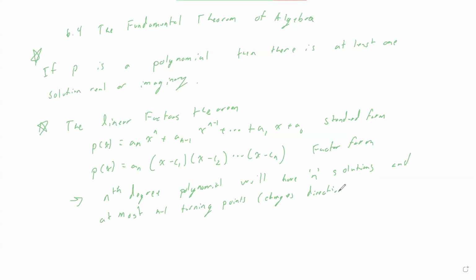It doesn't have to have n minus one, but it'll have at most n minus one, because it can only change direction one less than that amount. That will give us an idea of what kind of graph it'll be.